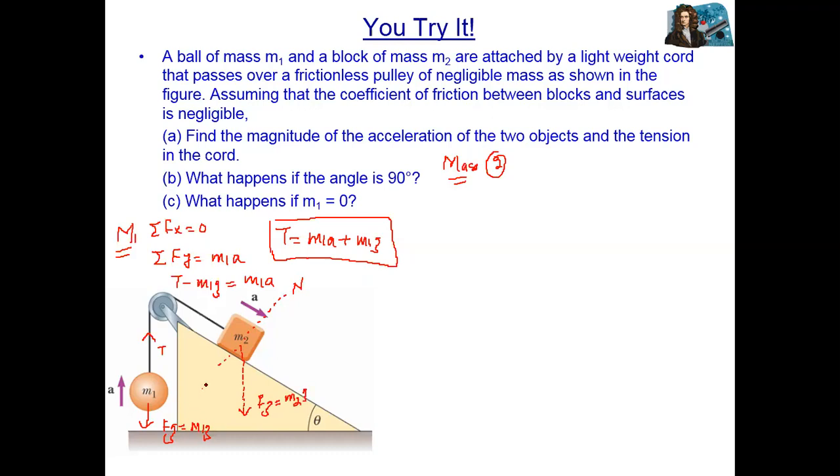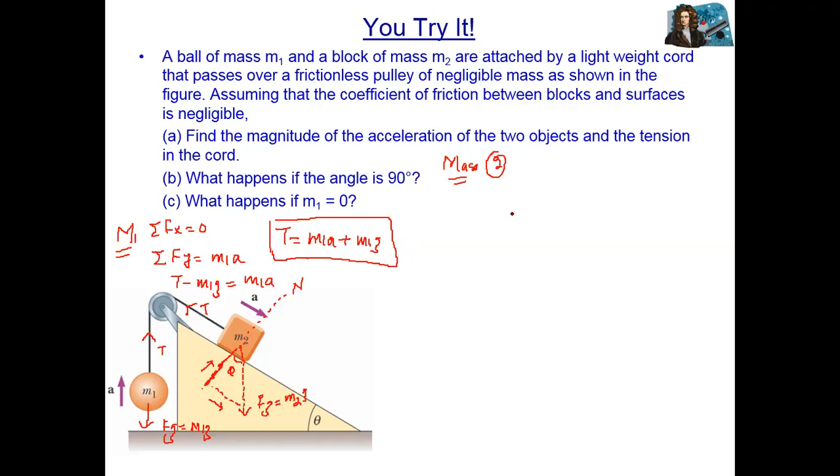But again you can see that the gravitational force makes an angle theta with the normal force, so you can find the vertical component and this one is the horizontal component. Same, we have tension from this rope, and the body is moving in this direction.